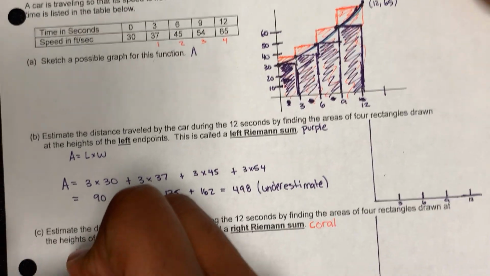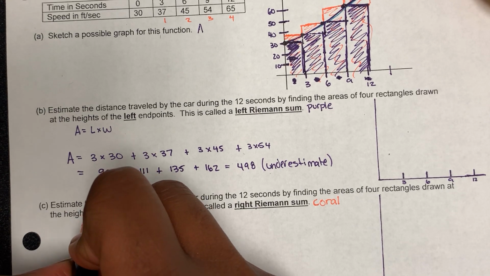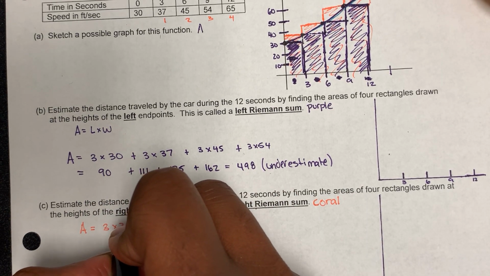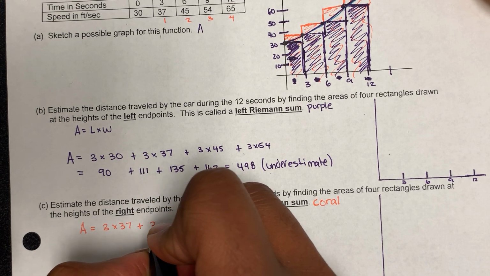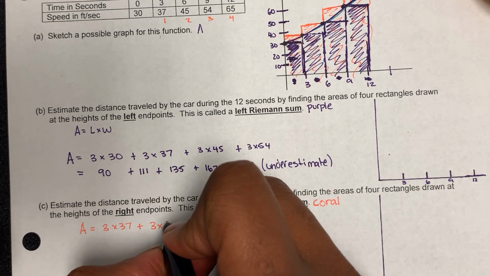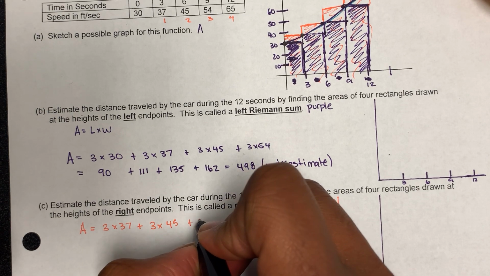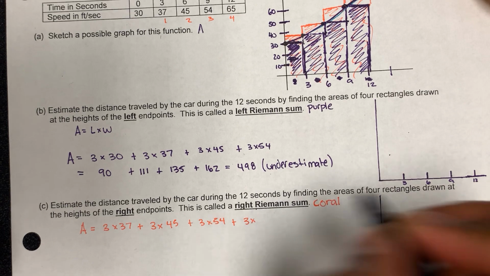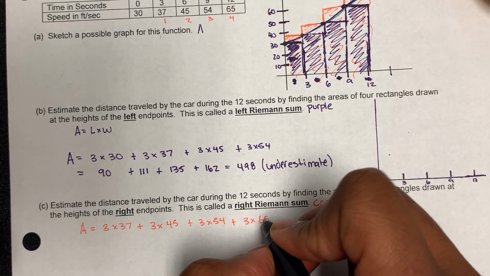So for part C, we'll get A equals 3 times 37 plus 3 times 45 plus 3 times 54 plus 3 times 65.